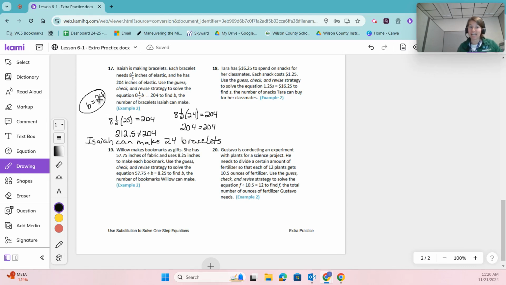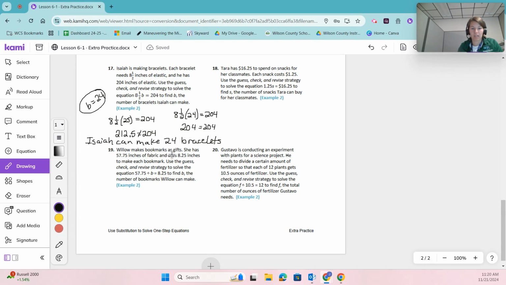Okay, that's what that answer means. So b equals 24 has a meaning behind it, and that is Isaiah can make 24 bracelets because b stood for the number of bracelets Isaiah could make. Okay, so let's try one more like this.